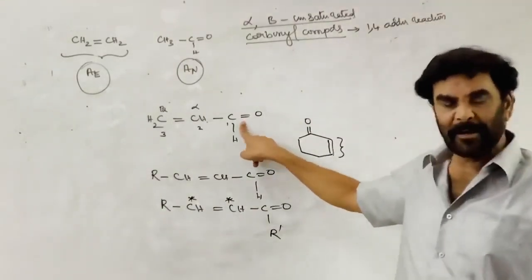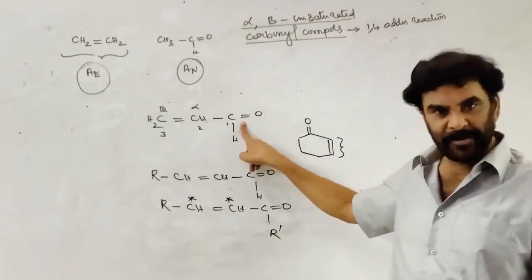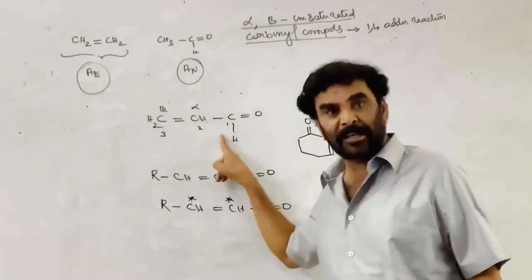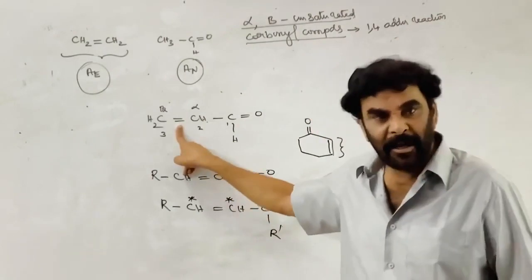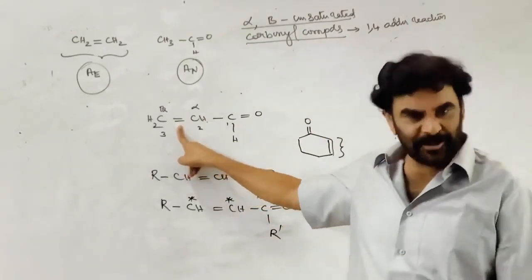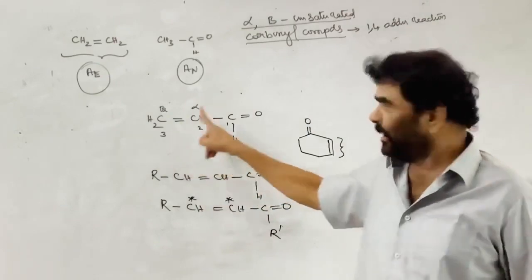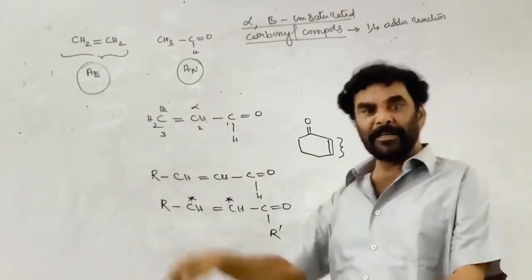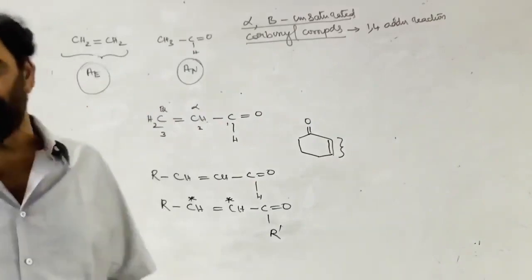Therefore, this takes part in nucleophilic addition inherently. Under these existing structural conditions, which reactions does this take part in? We have seen nucleophilic addition reactions. This is participating in the nucleophilic addition reaction.